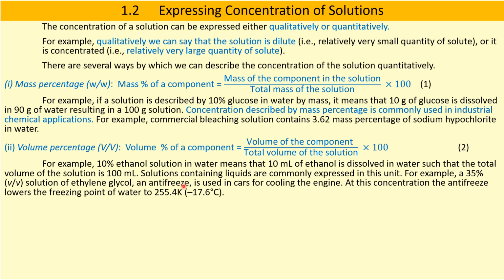Solutions containing liquids are commonly expressed in this unit, that is volume percentage. For example, a 35% V by V solution of ethylene glycol, an antifreeze, is used in cars for cooling the engine.